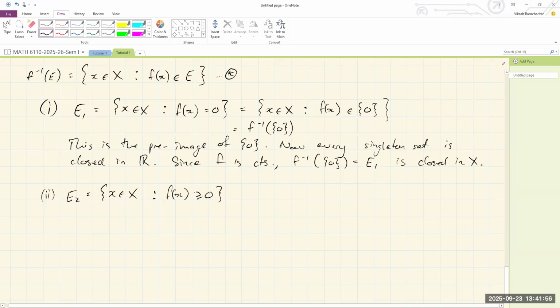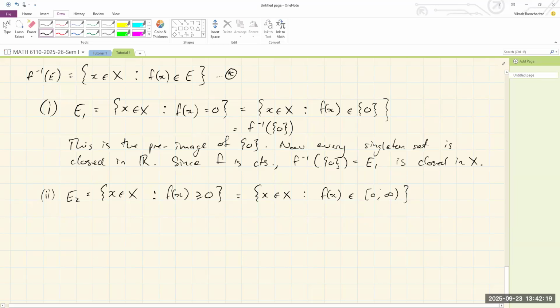Now again, the strategy is I want to rewrite this set in terms of the pre-image of something. So instead of saying f of x is bigger than or equal to 0, I could just say f of x belongs to this interval. That's the same thing.